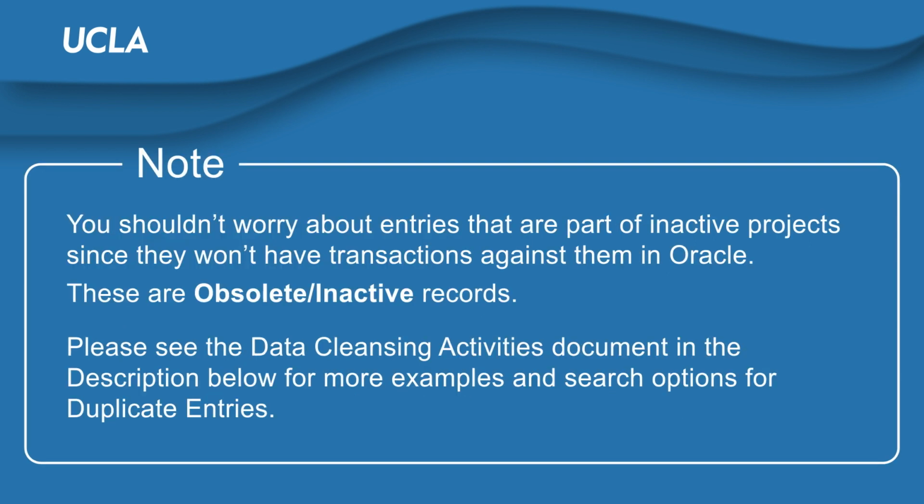Note, you shouldn't worry about entries that are part of inactive projects since they won't have transactions against them in Oracle. These are obsolete or inactive records. Please see the data cleansing activities document in the description below for more examples and search options for duplicate entries.